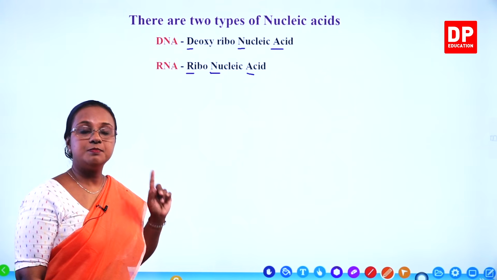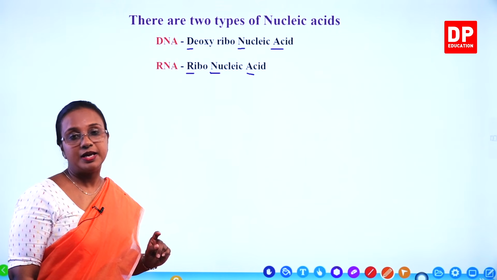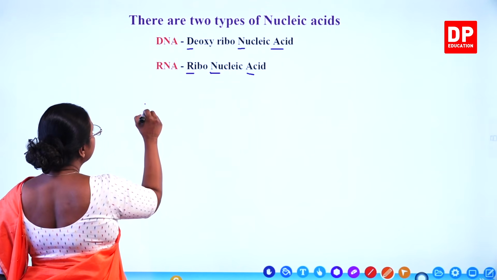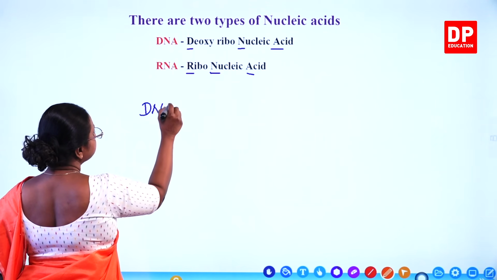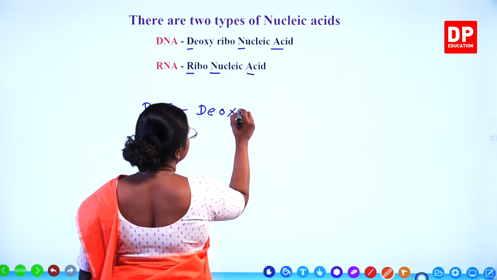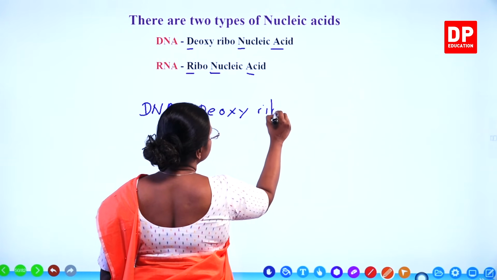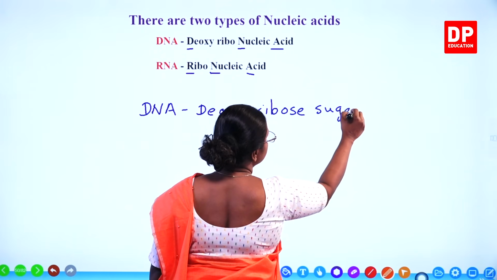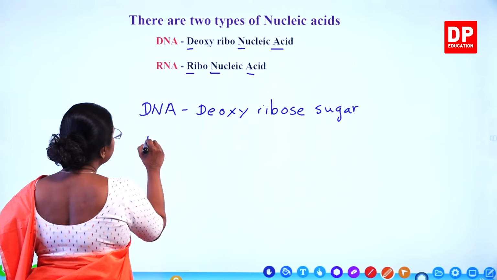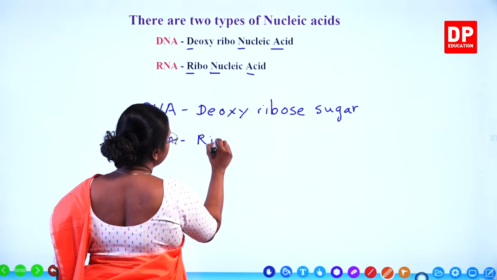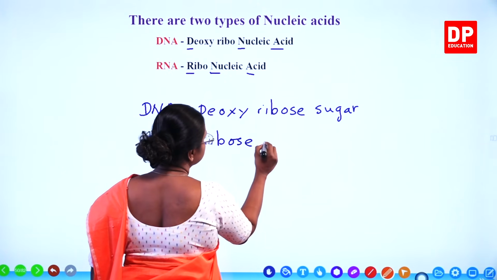Now, this is based on the type of pentose sugar that is present. So, in a DNA molecule, there is deoxyribose sugar. This is the pentose sugar group. And in an RNA molecule, there is ribose sugar.